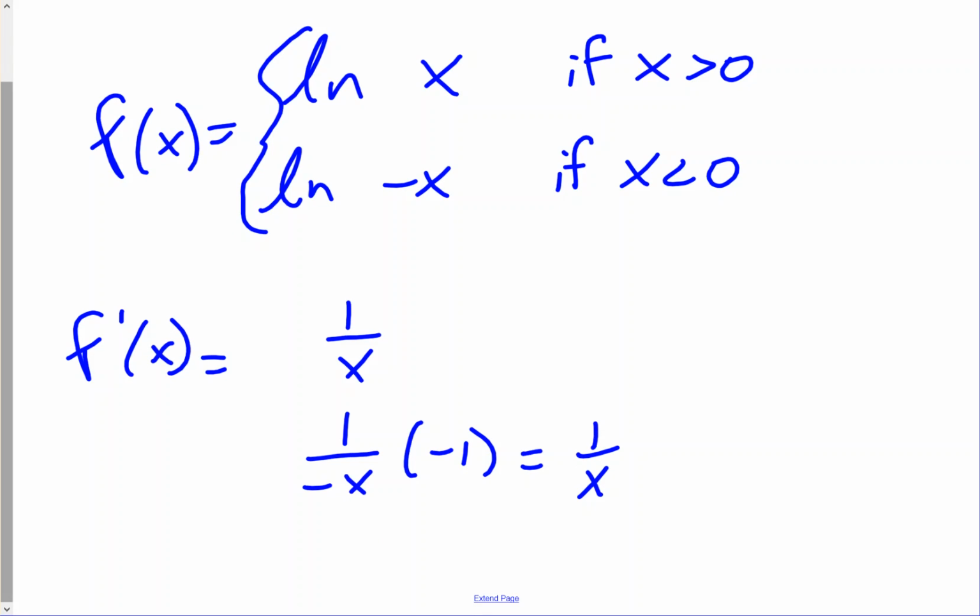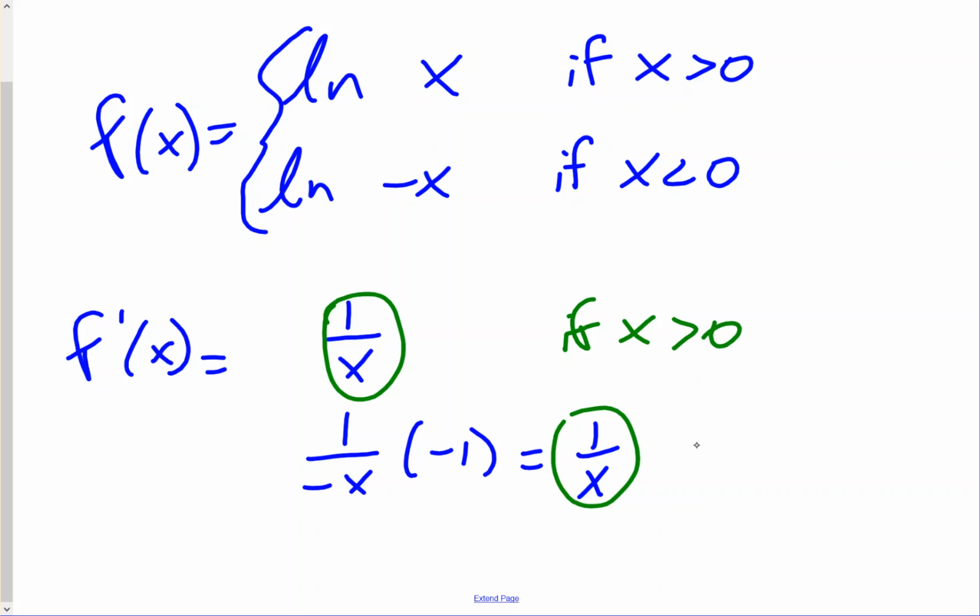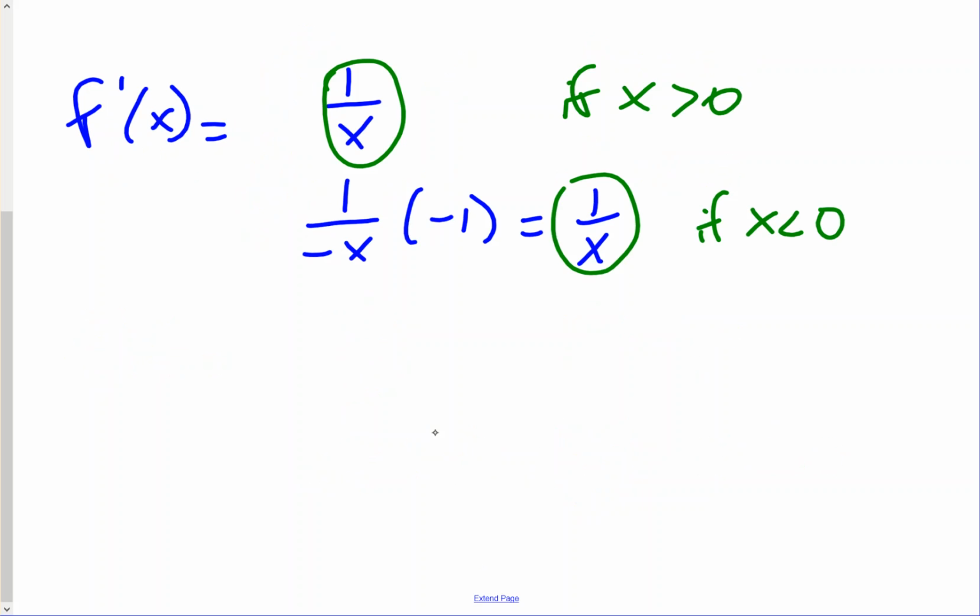Okay, so therefore we could say that since these two are the same, and remember this is when x is greater than 0, and this is when x is less than 0. Since those two are in agreement, then we could just say that the derivative would just be 1 over x.